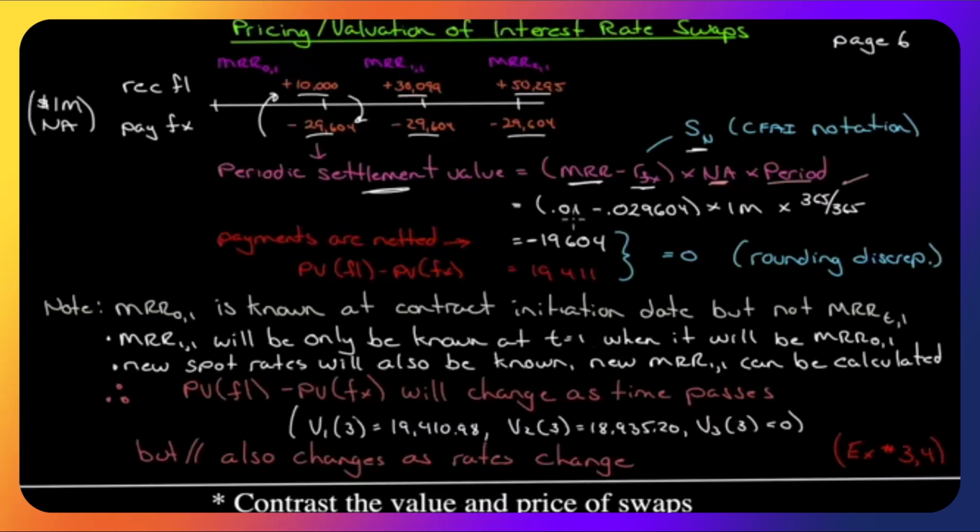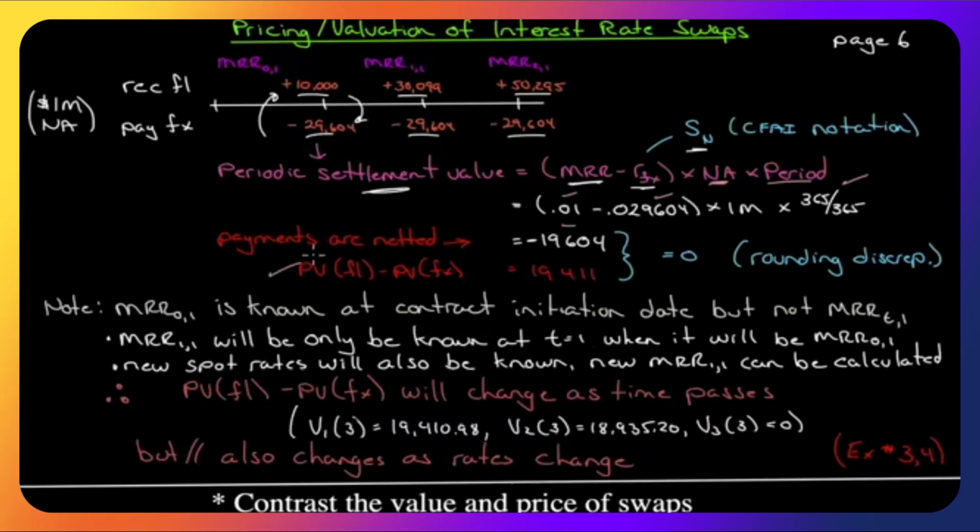But if we multiply this out, 0.01 minus 0.029604, because that's the fixed rate on the very first payment date, that is the floating rate, times a million, we'll get negative 19,604, which makes sense, right? All we're doing is taking the 10,000 off the 29,000 and sending the other side 19,000 instead of them sending us 10 and then us sending them the 29. Let's just net it out.